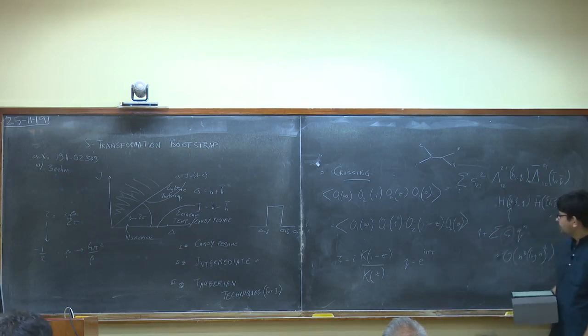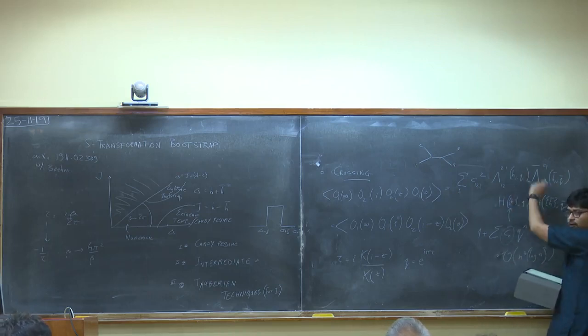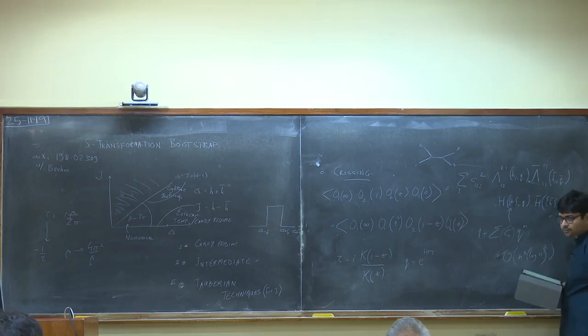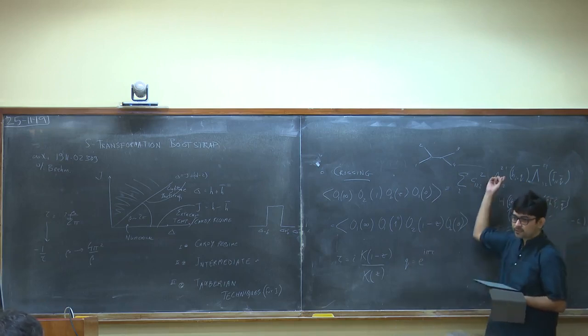Lambda, what are lambdas? Lambdas are complicated functions. Yeah, they are kinematic, but they depend on all the external operators and the internal operator. But they are known functions. These lambda functions come from this conformal change. This is the Liouville factor.